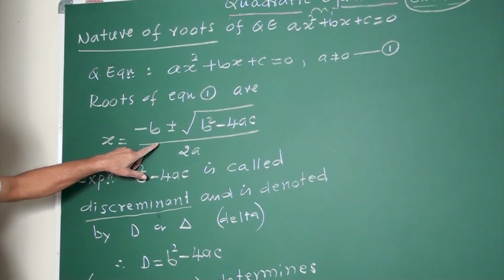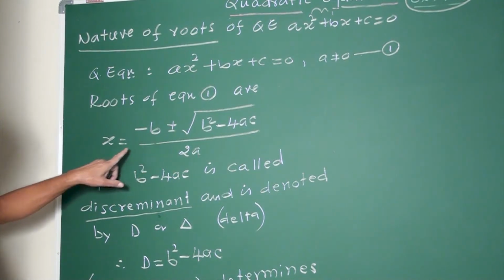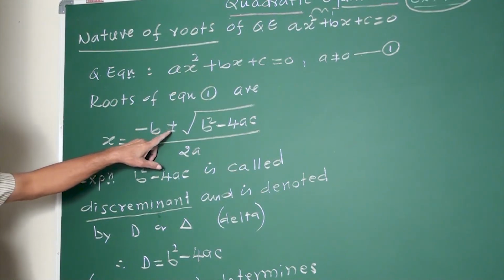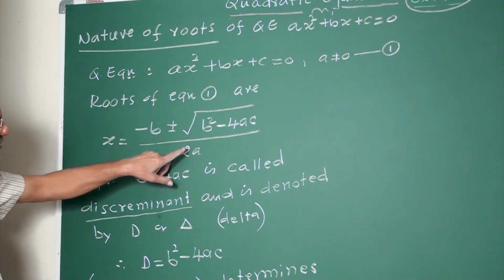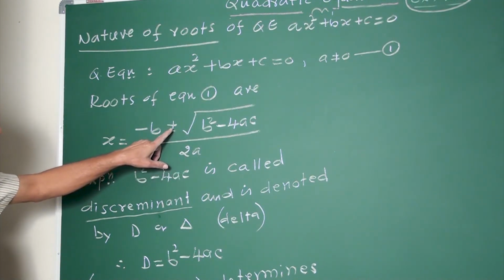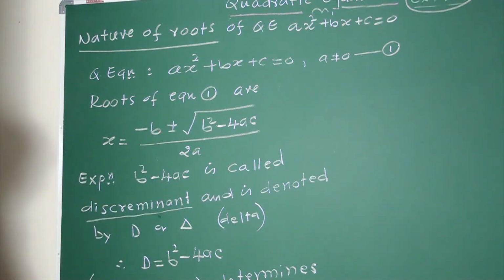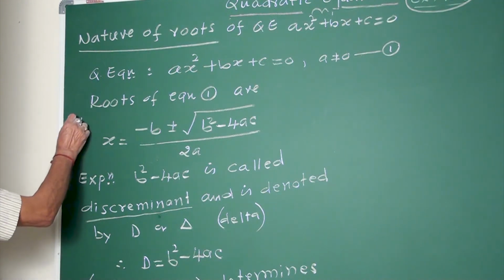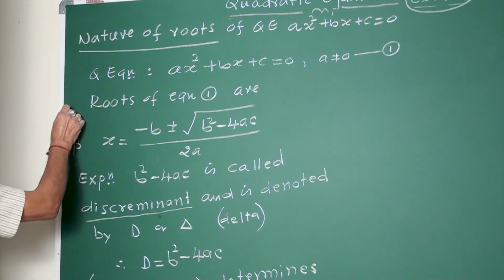We derived by the formula method that the value of x is minus b plus minus root of b square minus 4ac upon 2a. There are two roots, my friend, one with plus, another with minus. The first root we normally denote by alpha, the second root by beta.